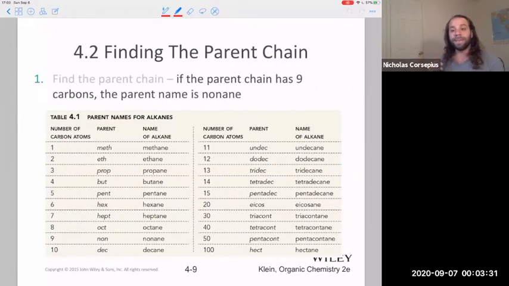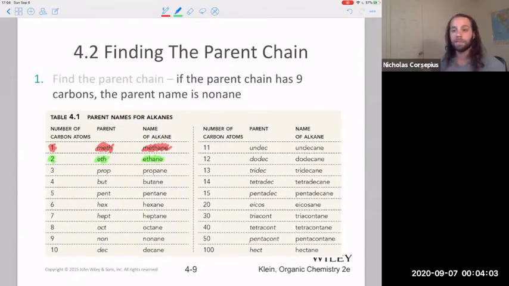All right, so now how do we name our parent chain? There's a 1-to-1 correspondence between the number of carbons in the parent chain and the name of that parent chain, okay? So let's go through. 1 carbon, that's going to be the prefix meth, or the parent chain will be methane. 2 is eth, or that parent chain would be ethane.